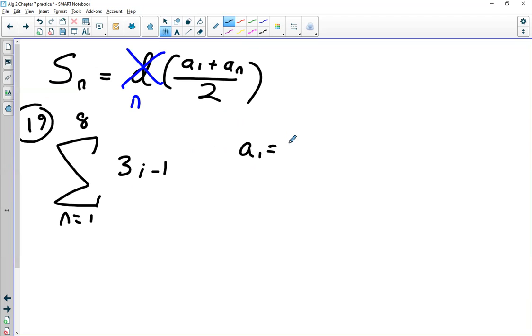A1 is going to be, I plug in a 1 into the equation, and I result in a 2. A8, my bad, plug it into the equation again. 8 times 3 is 24, minus 1 is 23. And what is N in this case? How many numbers are we counting? 8 numbers.